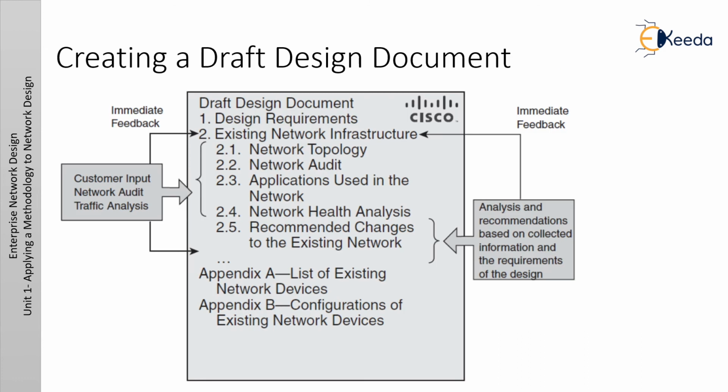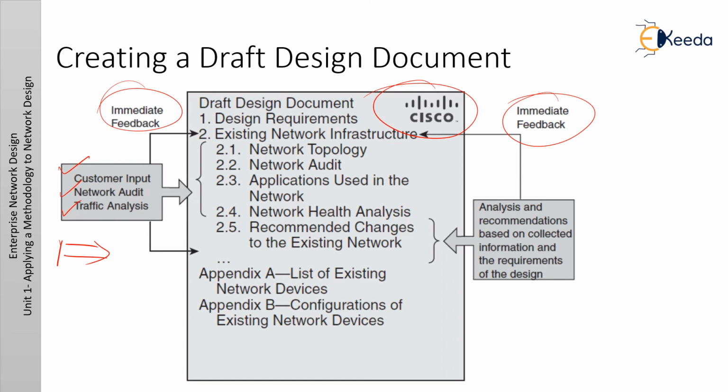So let us create a draft design of this document. So this is the draft, okay? Customer input, network audit, and traffic analysis. The first diagram with arrow we have seen. So there are three phases: customer input, network audit, and traffic analysis. And immediate feedback from the customer is also very important. So the draft design document for Cisco. Immediate feedback is also there.